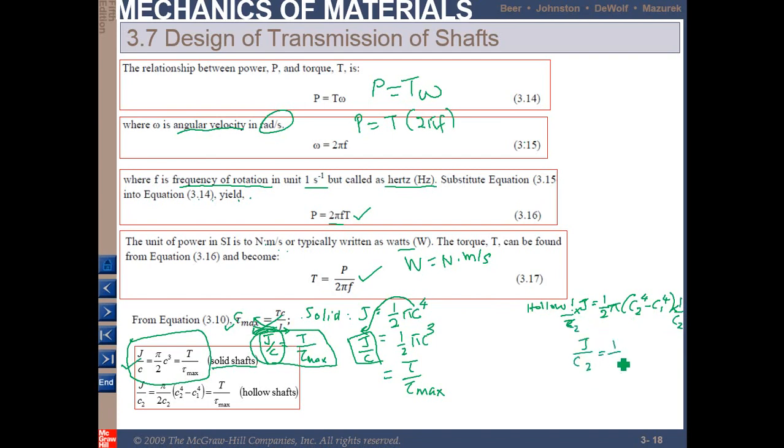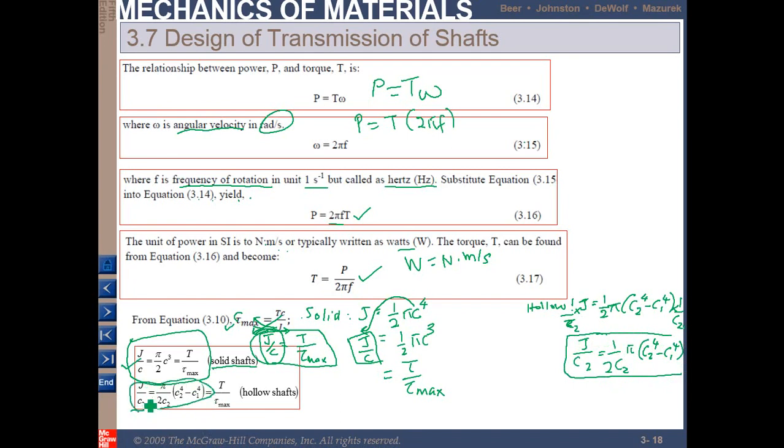This one also you get 1 over 2 C2, pi, C2 to the power of 4 minus C1 to the power of 4, because you multiply this with 1 over C2. And this side also, if you multiply here with 1 over C2, you multiply the left side also by 1 over C2. So you will get this equation. So that is why you got this equation here.